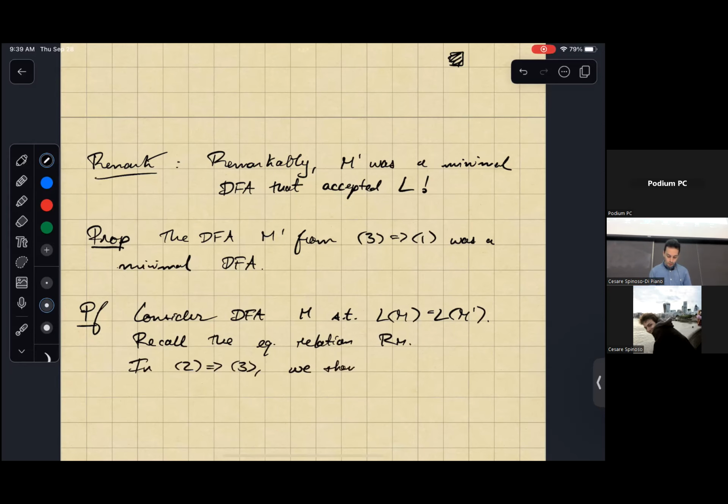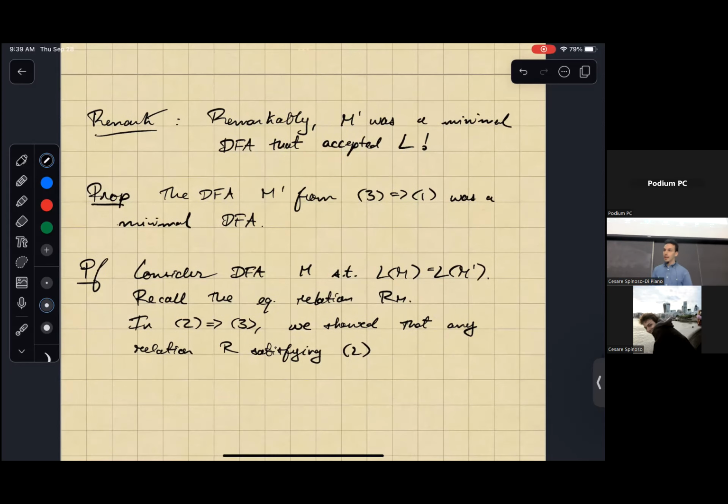We showed that any relation R satisfying 2 satisfied the following thing, where the following thing was that the index of R was less than or equal to the index of the Myhill-Nerode relation. Right? This is what we showed back 20 minutes ago in the proof of 2 implies 3.